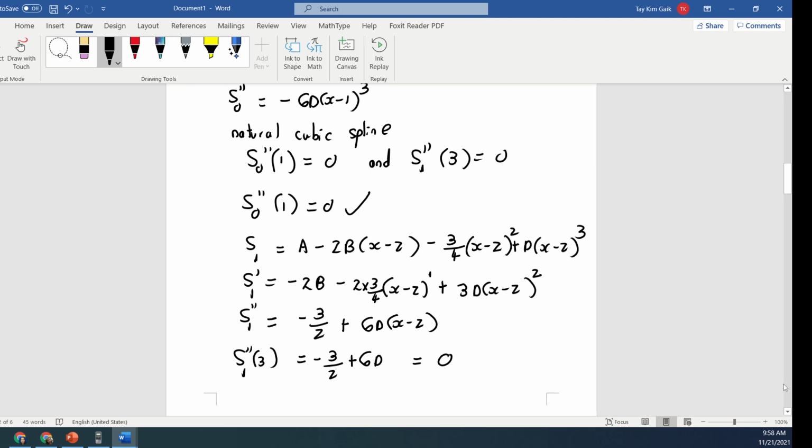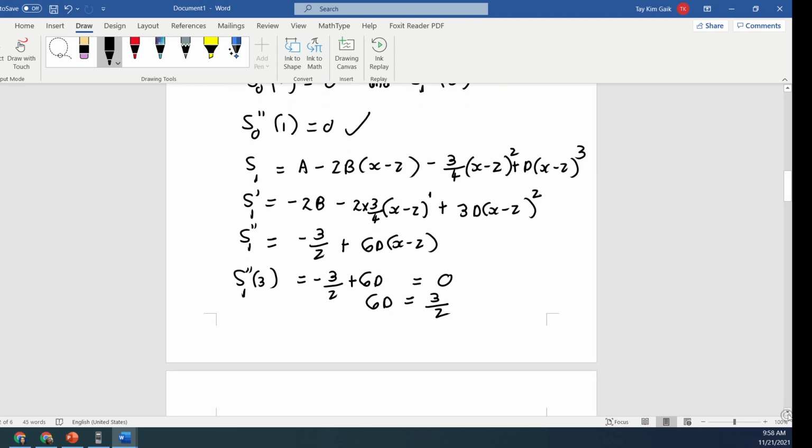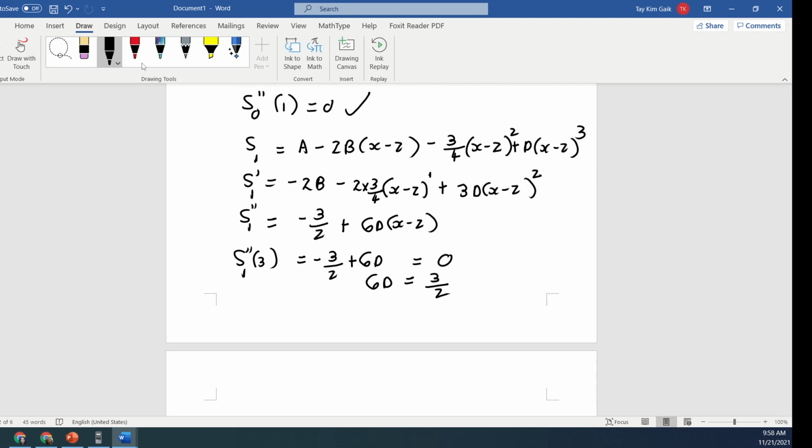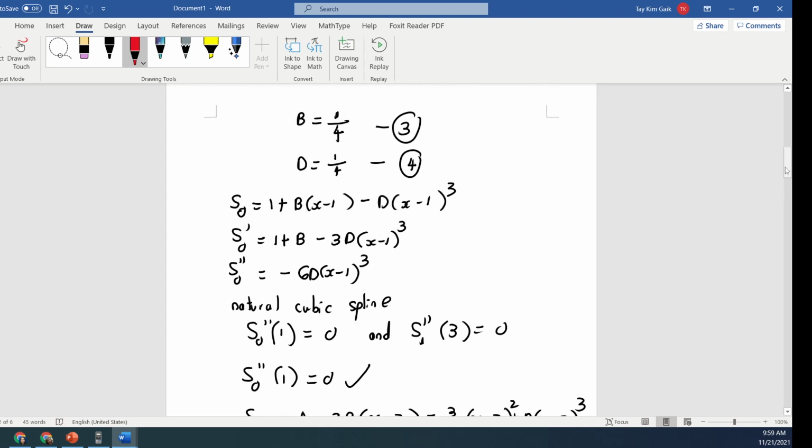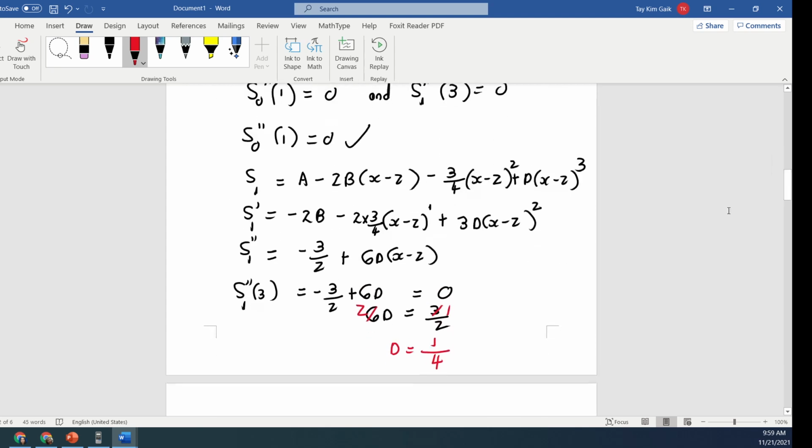We want to double check whether it satisfies the natural cubic spline. So 6d equals 3 over 2, and d is 1/4, as we found in the beginning.